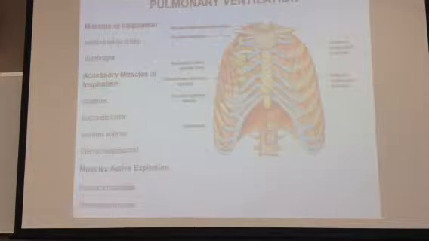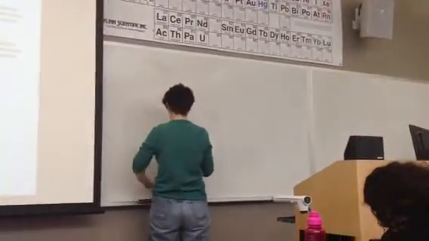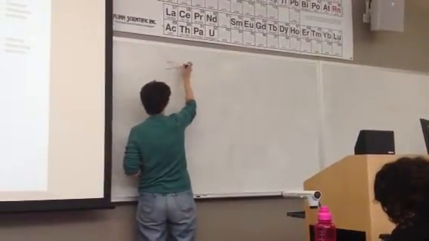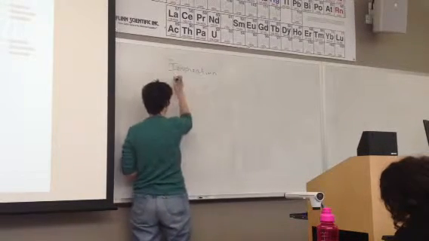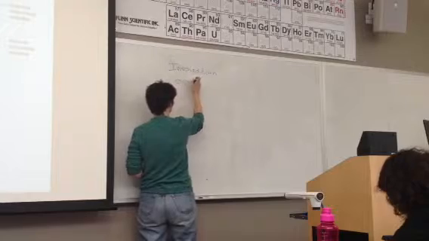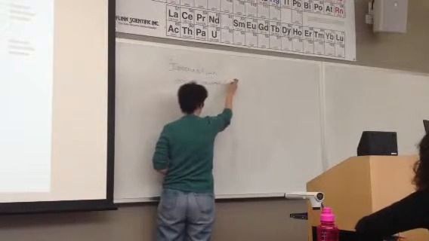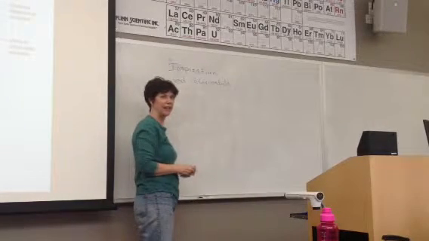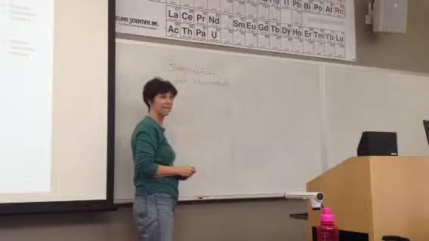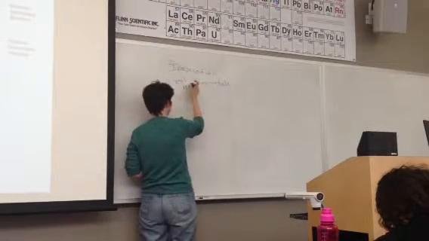So for normal inspiration, we have two muscles. We have the external intercostals. What would be the nerve that innervates the external intercostals? Yes. Intercostal nerve. Catherine's on fire today.